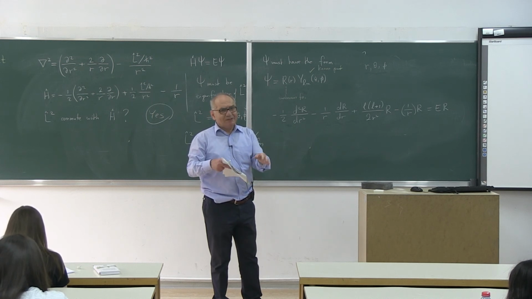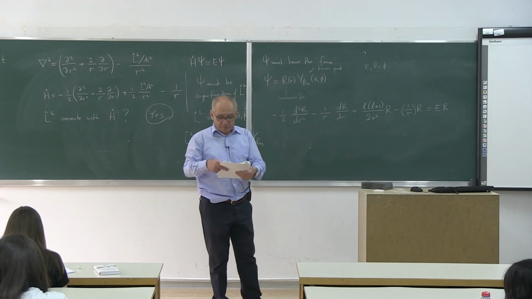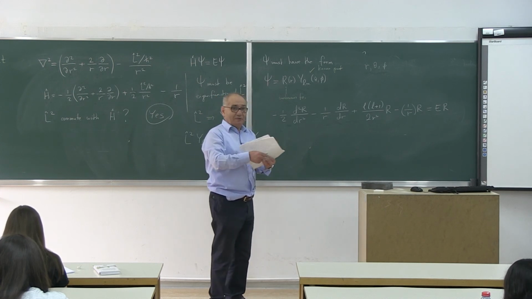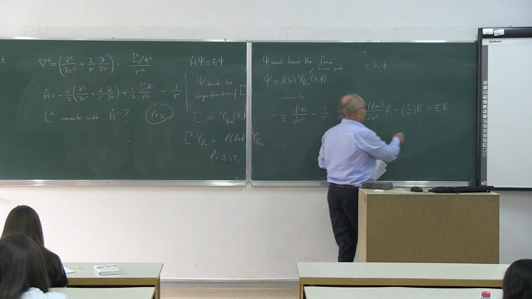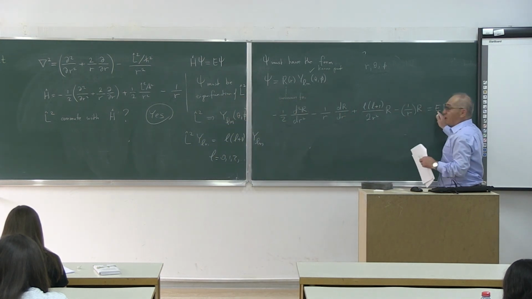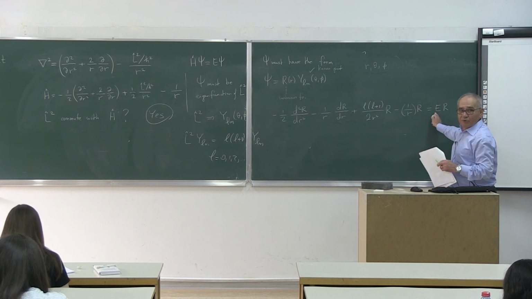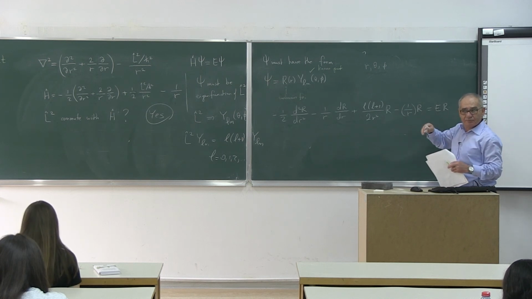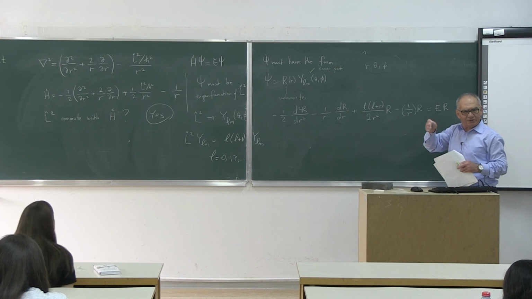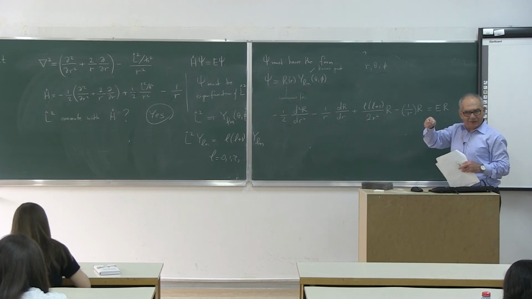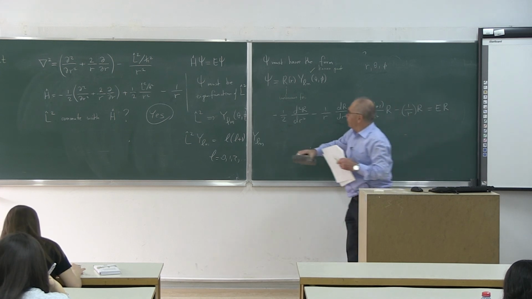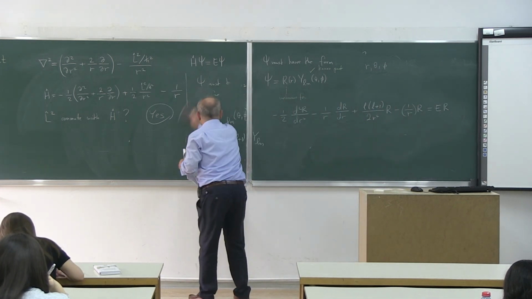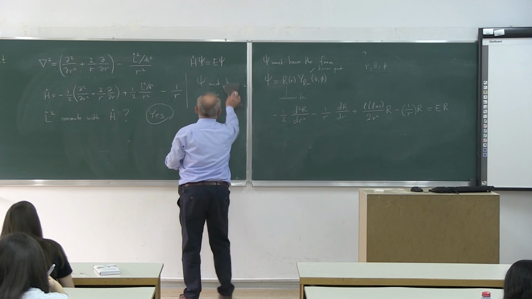I will quote the results from the literature. As a result of this selection process, it is found that the energy values here cannot be just any arbitrary value, but they must be in the following form. Let us write.